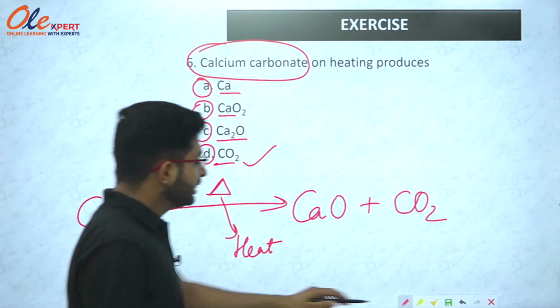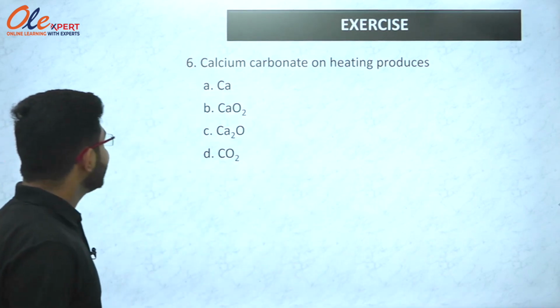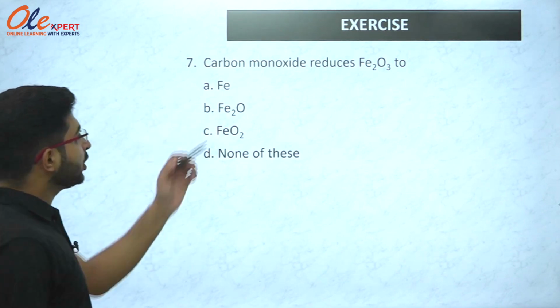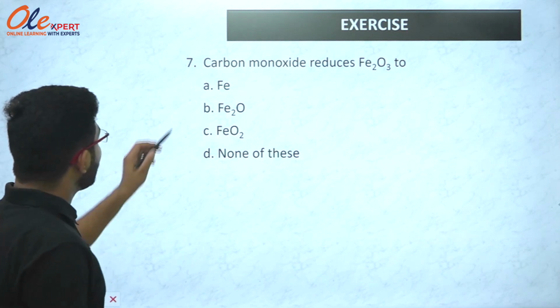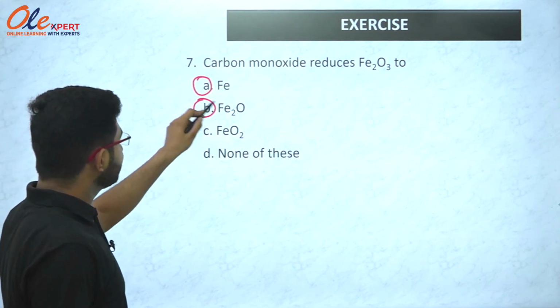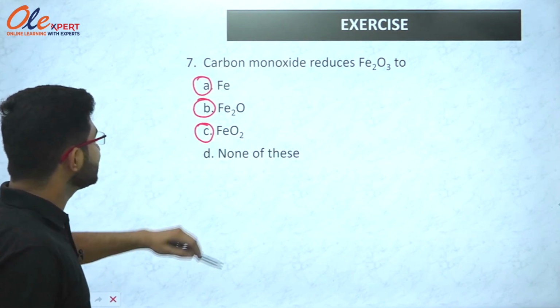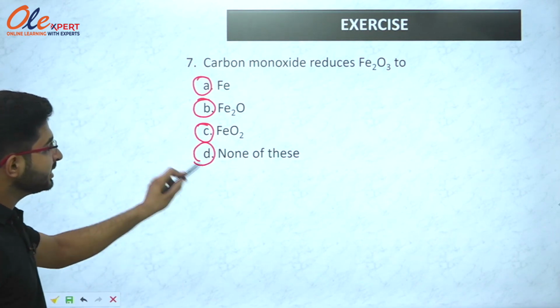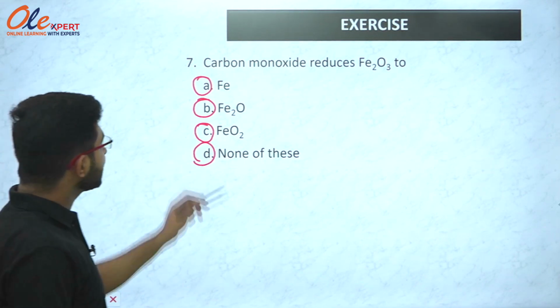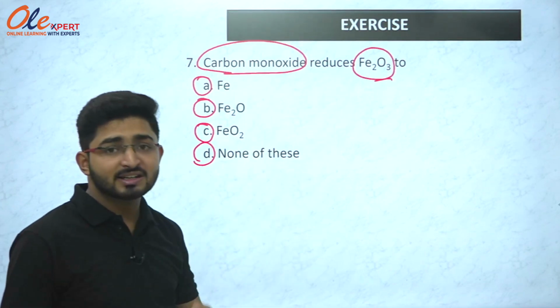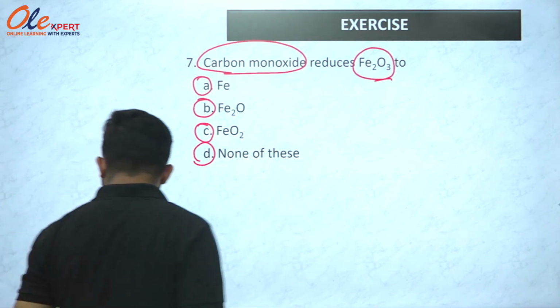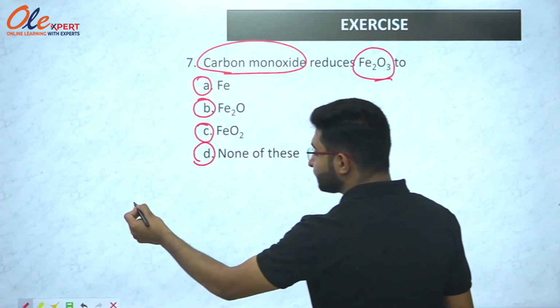Now we are going to move on to the next question that is given on your screen. Carbon monoxide reduces Fe2O3 to option A, Fe, option B, Fe2O, option C, FeO2, and option D, none of these. When we are talking about carbon monoxide and Fe2O3, there is a reaction that happens between them, and we have studied that reaction during the chapter.